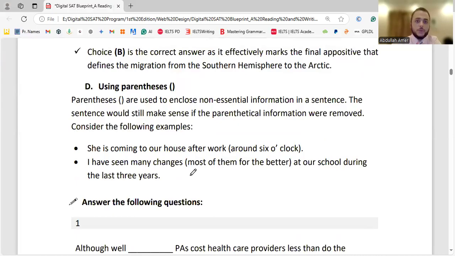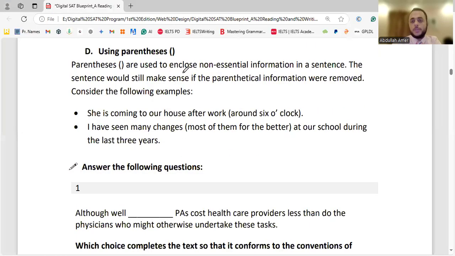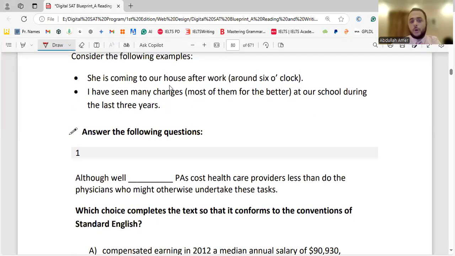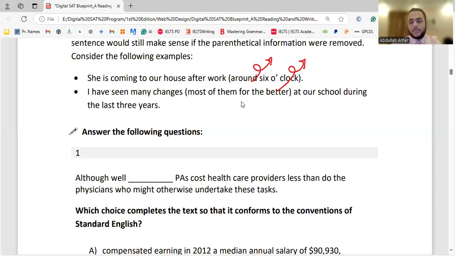Non-essential elements also can be placed between parentheses. As in this example, she's coming to our house after work around 6 o'clock. We can take away that part and the sentence still makes sense. I've seen many changes at our school during the last 3 years. I can also take away that part and the sentence still makes sense.